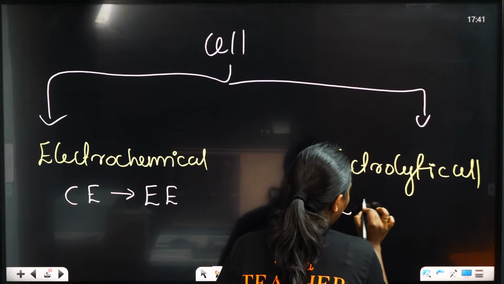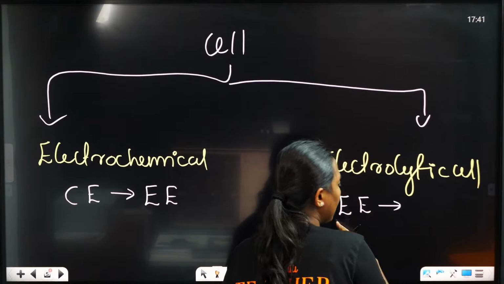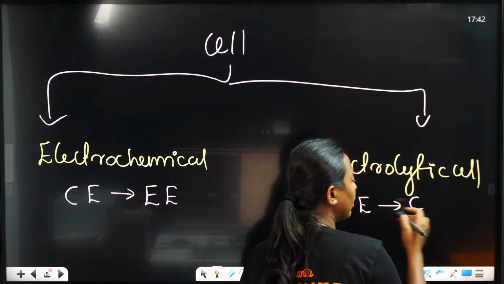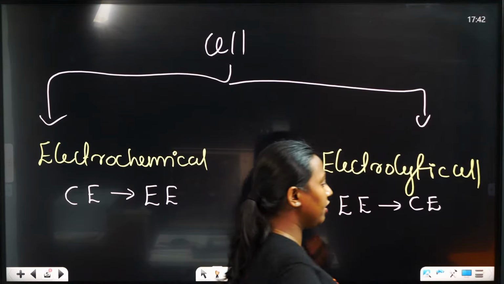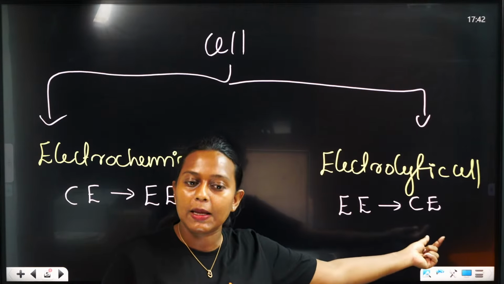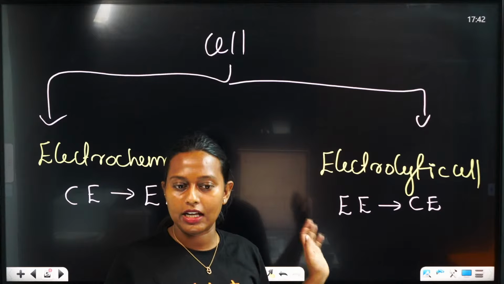Here we are converting chemical energy to electrical energy, that means we are producing electrical energy. Then what is an electrolytic cell? Here we are converting electrical energy to chemical energy, that means we are producing chemical energy from electrical energy.